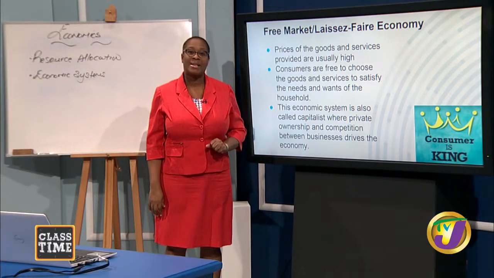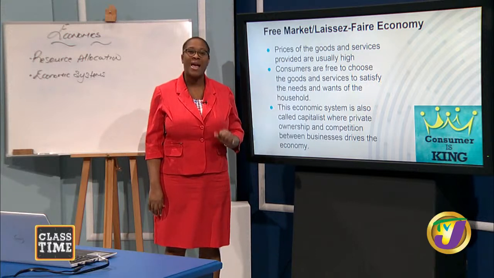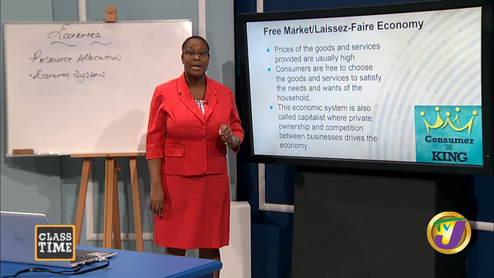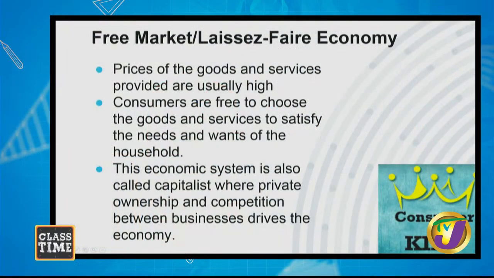So what you'll find, therefore, is that the prices of goods and services are usually competitive, right? Because, and we're going to go into it in a little bit, the competition for the goods and services will cause prices to be competitive.